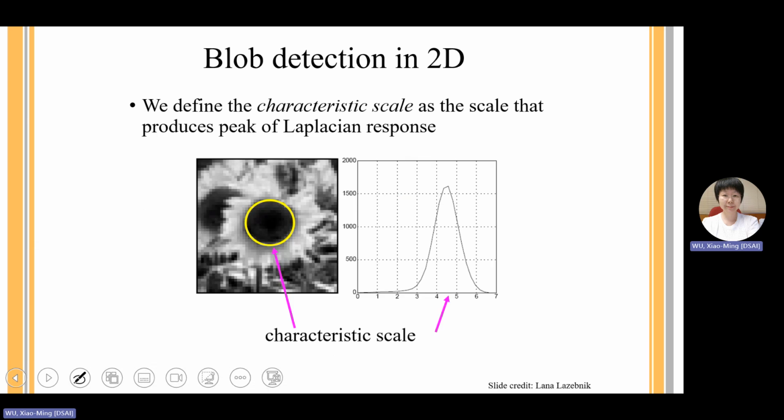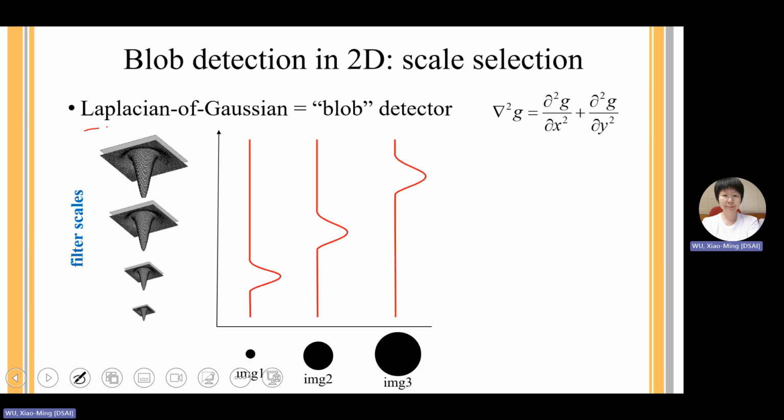For each pixel, you consider the response of multiple filters, and then you pick the one that gives maximum response. For example, this one gives maximum response, and this is the proper scale for this blob.